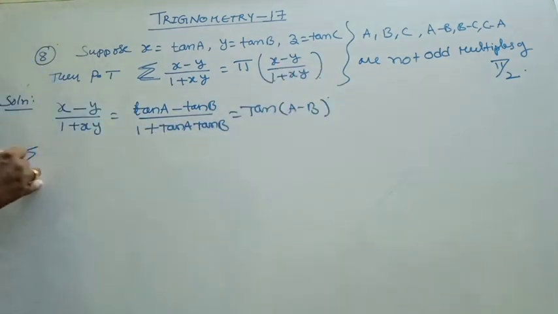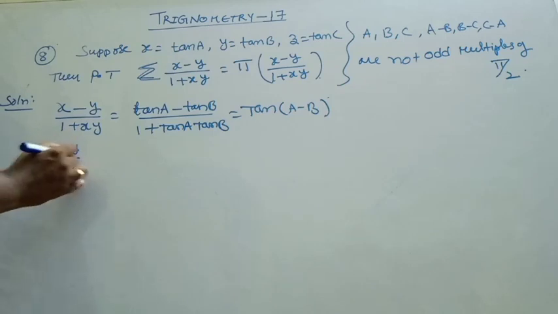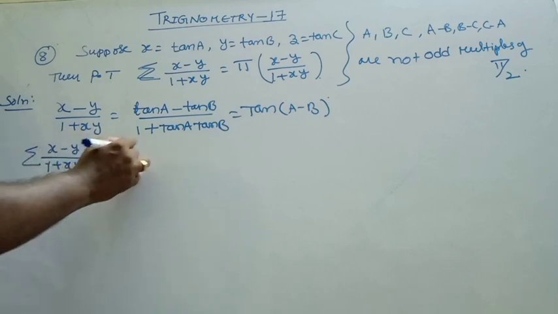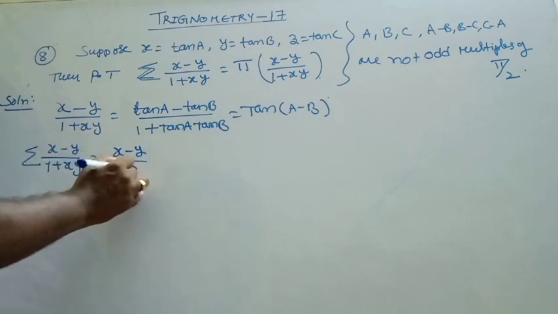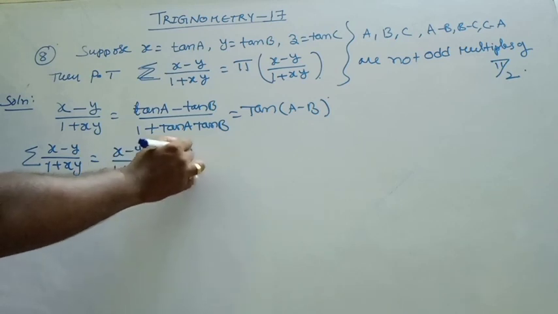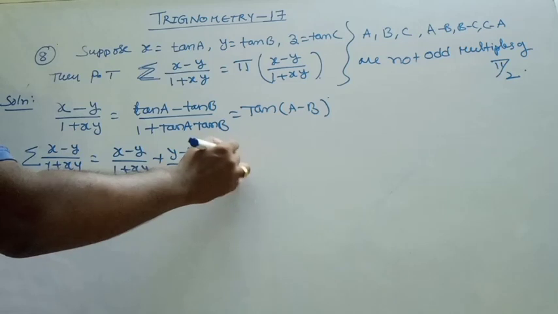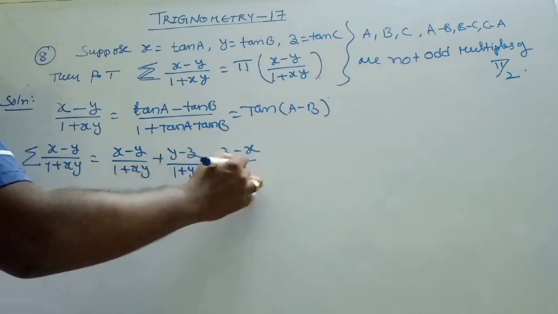Now sigma of x minus y by 1 plus xy is x minus y by 1 plus xy, plus y minus z by 1 plus yz, plus z minus x by 1 plus zx.